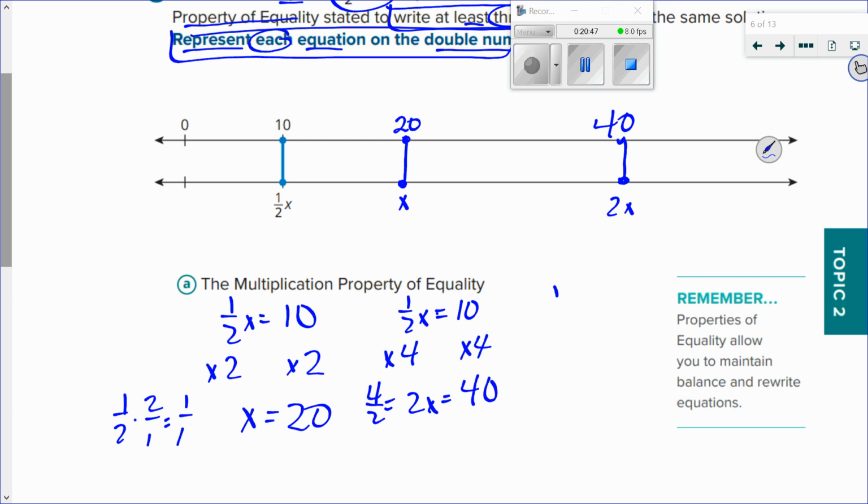And I could also do times 6, or times 6 would give me 3x is 60. Should be all the way out. 3x and 60.